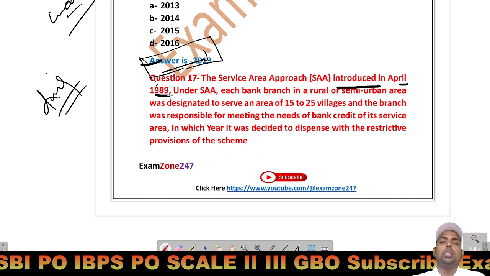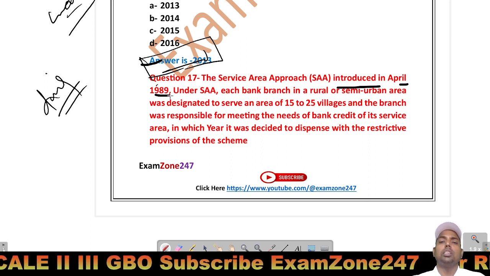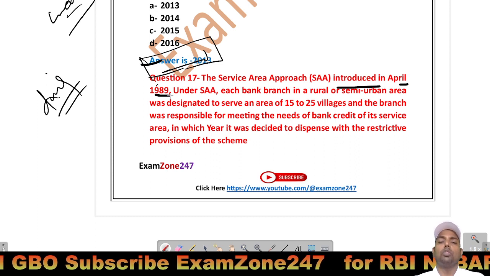But it has been dispensed, and anyone can take any banking services near to them or where they are comfortable.